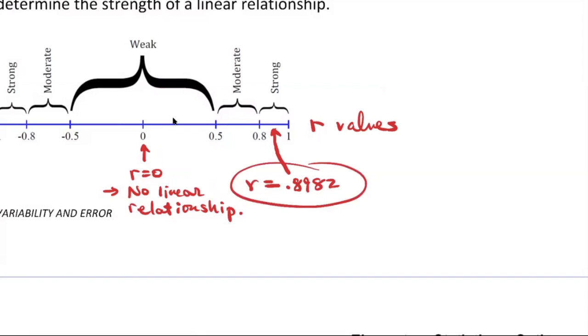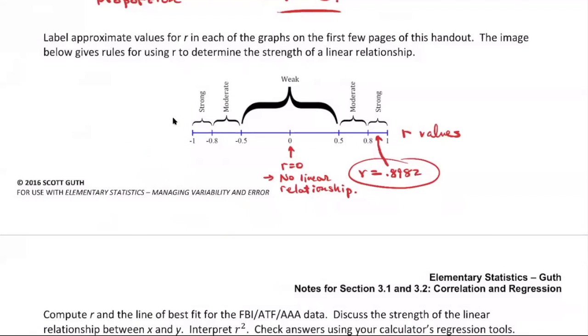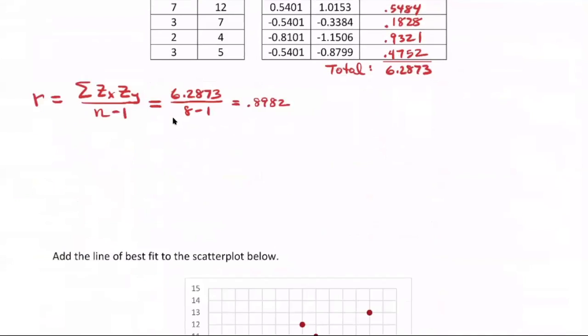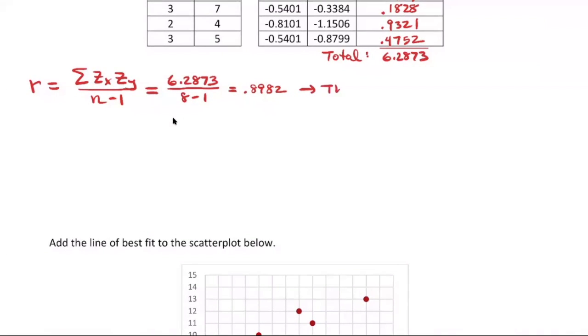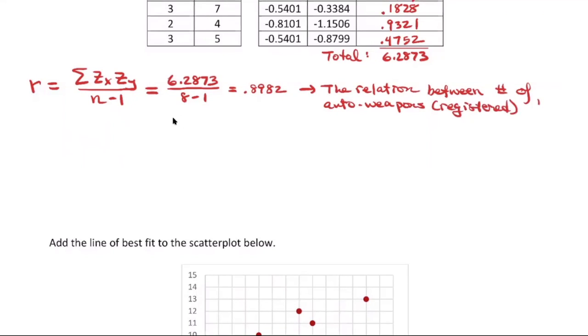Okay, so that indicates a strong relationship between X and Y. So here the relation between the number of automatic weapons, again, these are registered, and murder rate in cities is strong.